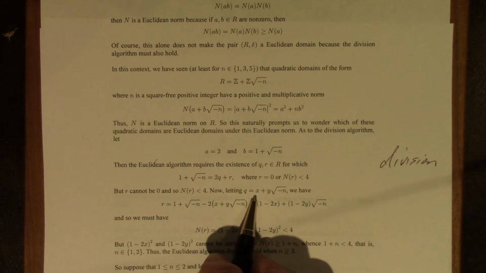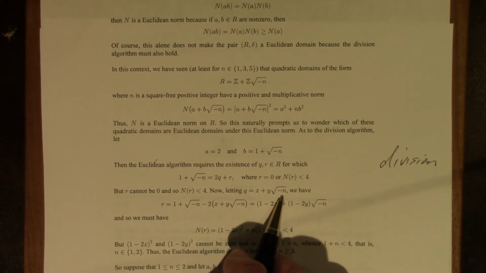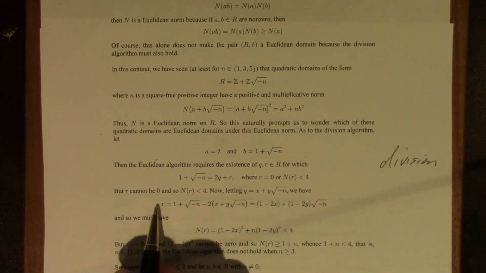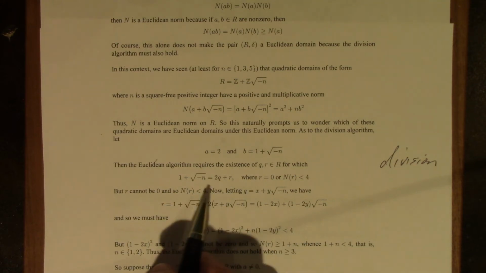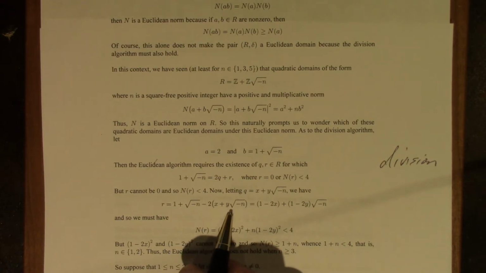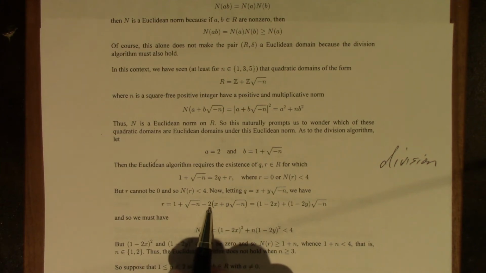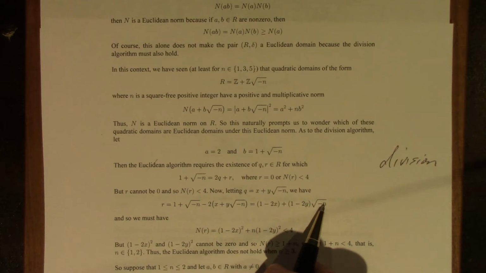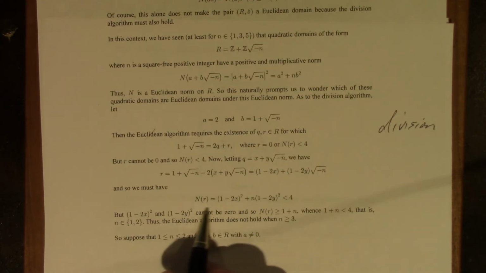If I write q as x plus y square root negative n, r will then be b, 1 plus square root negative n, minus 2q, this a is 2, and that looks like this. And this is the norm of r.